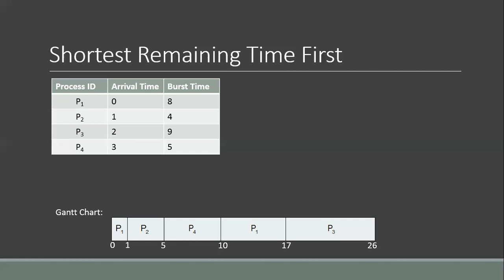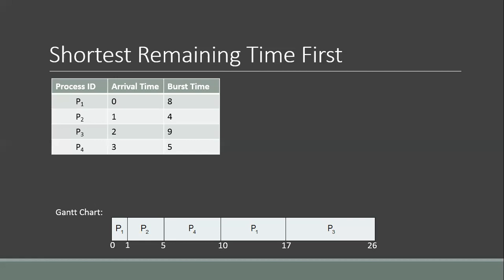Why is it 3? Because this process started its execution at time 1, and at time 2, process P2 has completed 1 millisecond of its total burst time. So we will compare 3 and 9. Now, the burst time of the newly admitted process is greater than the remaining burst time of the currently running process. So we will not preempt the currently running process. It will keep running on the CPU.